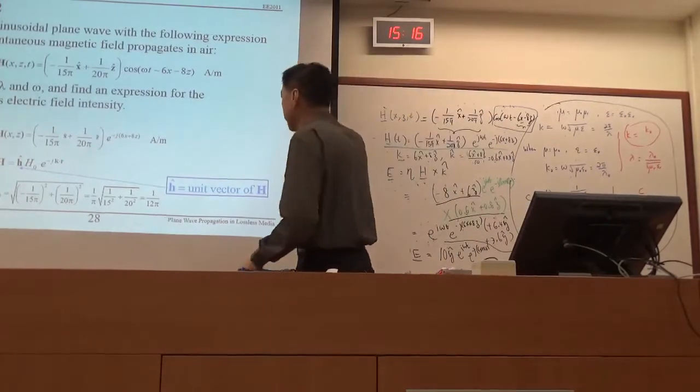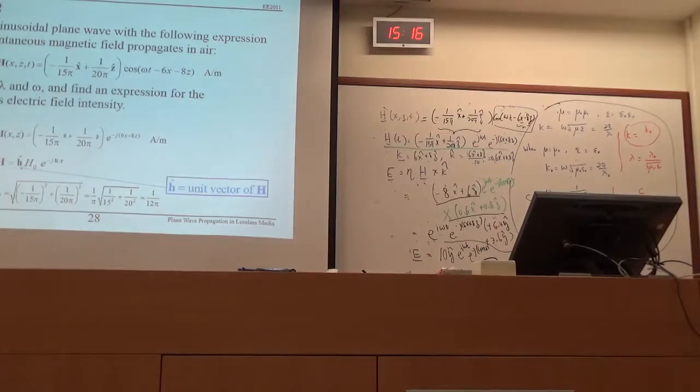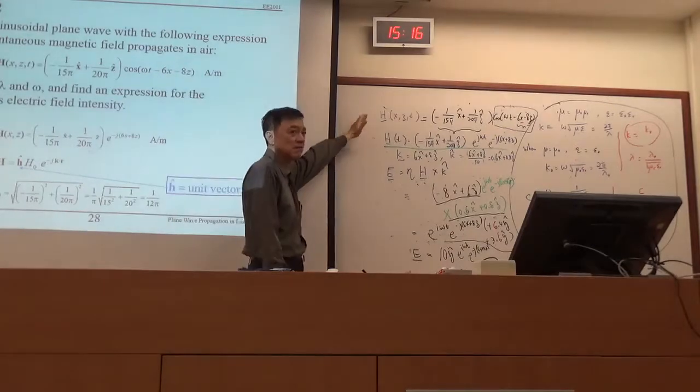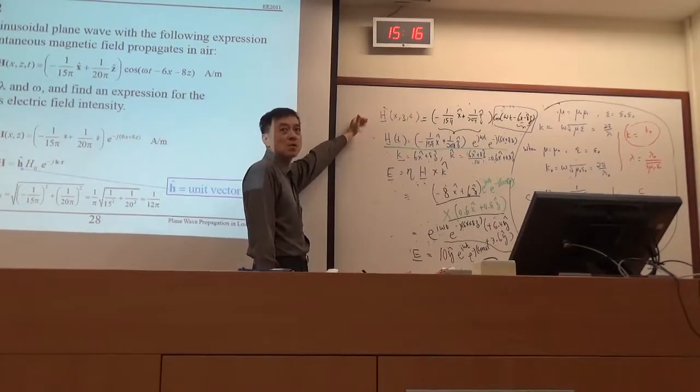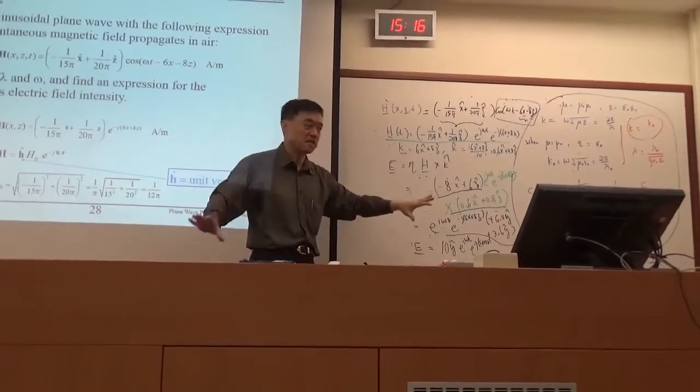Now this one looks very scary. But not to worry, you just do it step by step. You look at this one here, what does it mean? You just convert it into phasor form, it will be very clear.